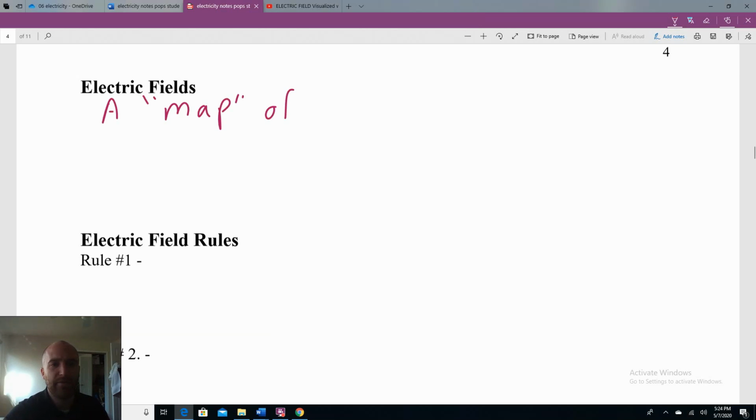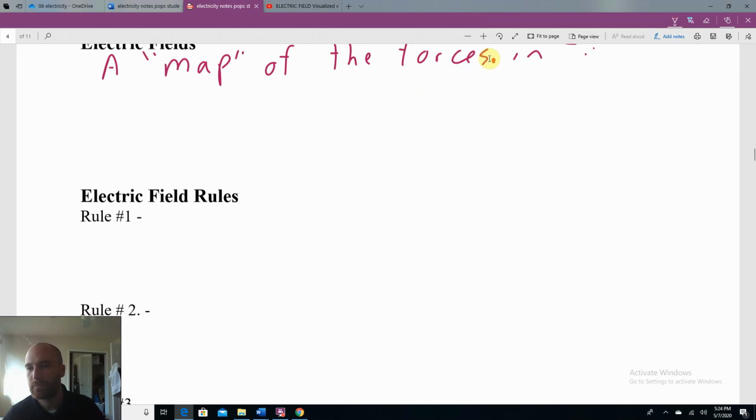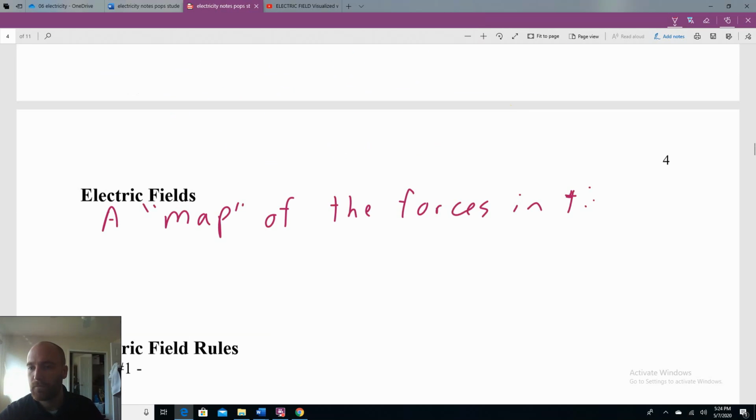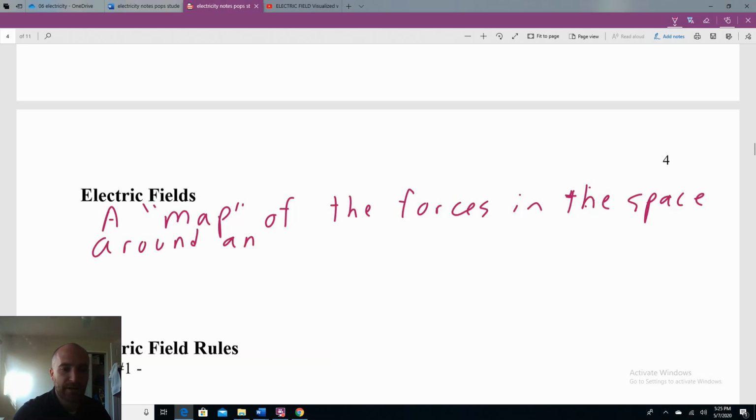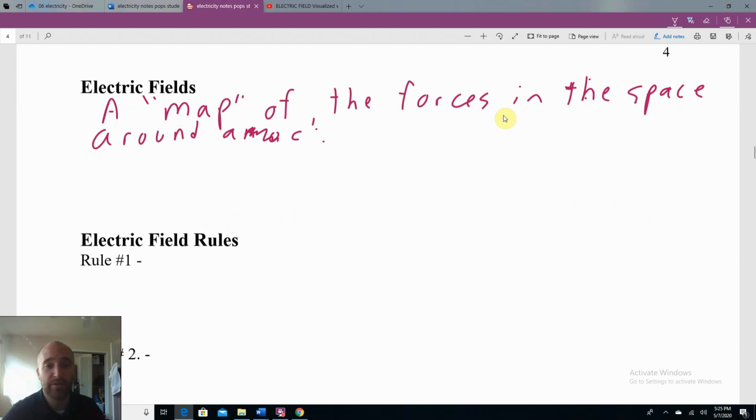It's like a map of the forces in the space around an object. Let's go with a charged object, because this will really only be present around electrical charges.